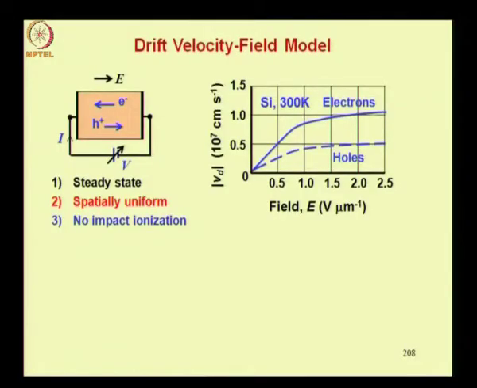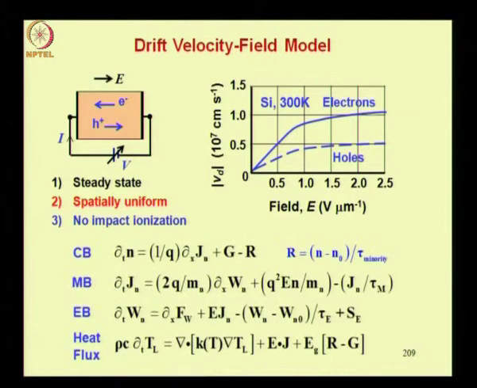Now what would our equations look like? So let us put down the equations here. We are doing this modeling for electrons, and now let us simplify the equations using the conditions. So which are the terms which drop out? So since situation is steady state, all the left hand side terms here have dropped out.